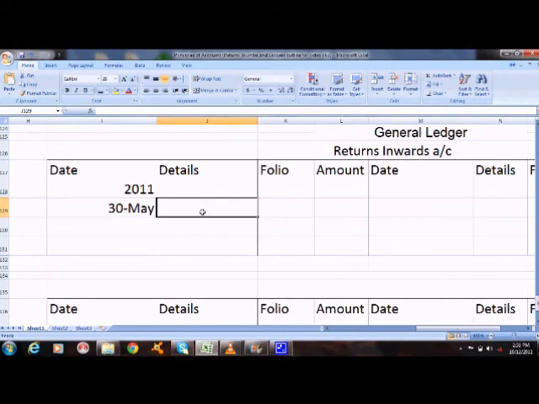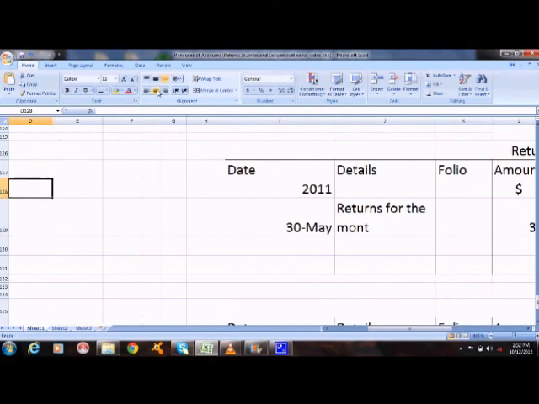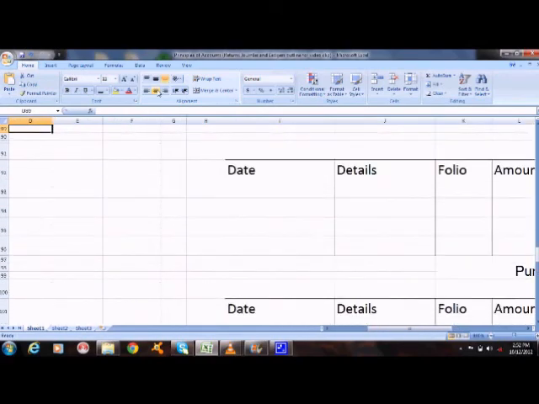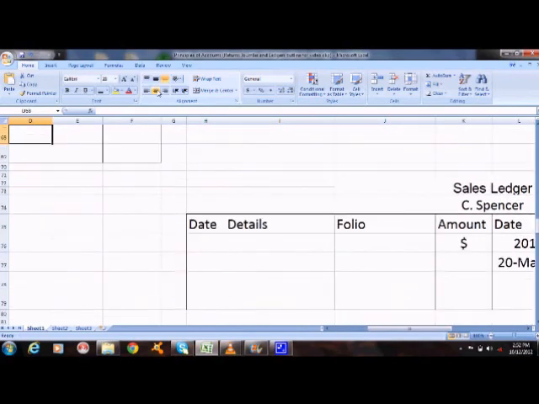And the details would be returns for the month, and then the amount would be $38. Yes, that's the amount. Now we go to our other one, which is our purchases ledger.